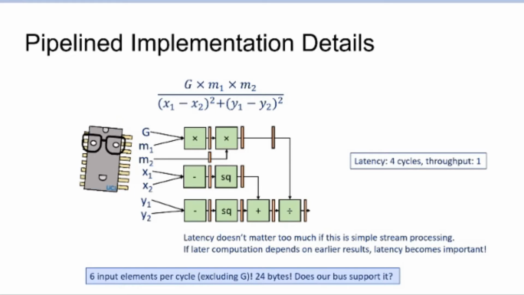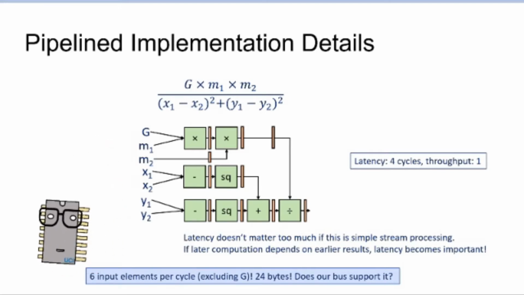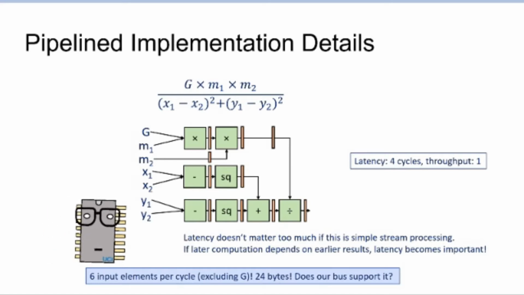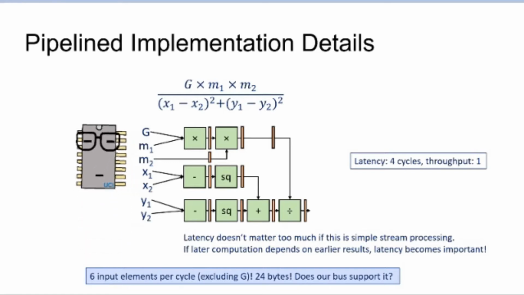It can be part of the input depending on how you want to design it, but it doesn't have to be. So M1, M2, X1, X2, Y1, Y2: 6 input elements coming in per cycle, assuming 4-byte single precision floating point numbers, that would be 24 bytes of data coming in at every given cycle.